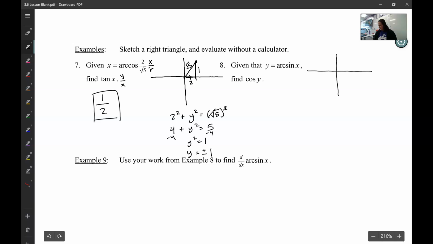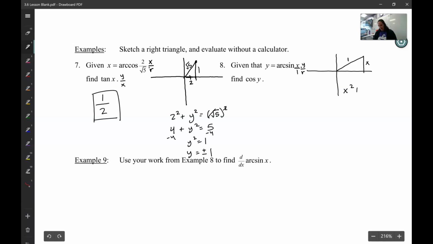Number 8. We know that y equals the arcsine of x. So we're going to do the same thing. We're going to call this x over 1. And we know that sine is y over r. So I'm going to draw a triangle just like I had before, where my y value is x, which is kind of weird, but bear with me. My radius is 1.